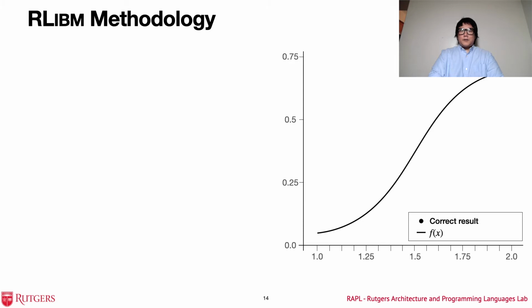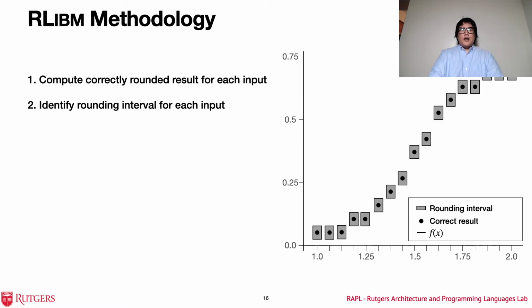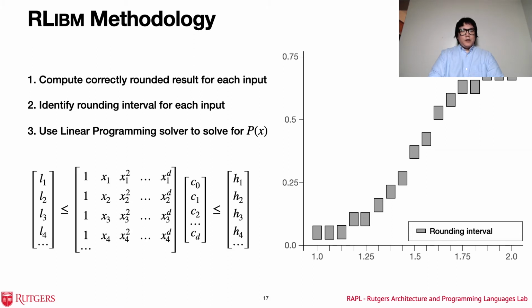So RLibM has been generating polynomial approximation functions by first computing the correctly rounded result of f of x for each input, and then identifying the rounding interval for each result. Each rounding interval defines a constraint on the output of the polynomial that we want to generate. Using these constraints, RLibM frames a problem of generating a polynomial as a linear programming problem and uses an LP solver to generate a polynomial.